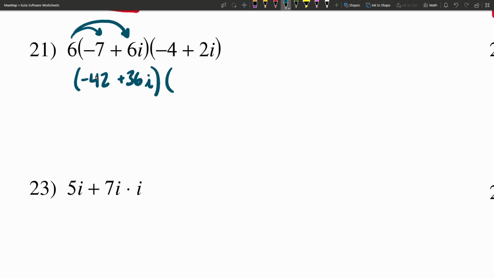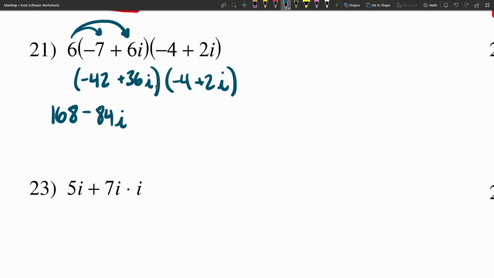Now I'm going to take that and multiply it by negative 4 plus 2i. Negative 42 times negative 4 is going to result in a positive 168. Then negative 42 times positive 2i is going to be a negative 84i.